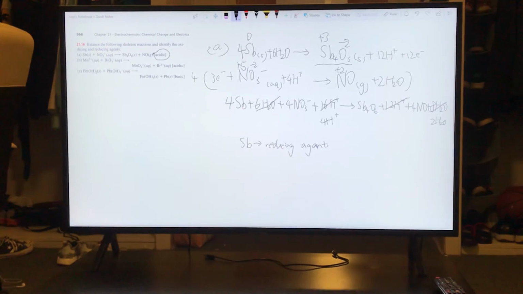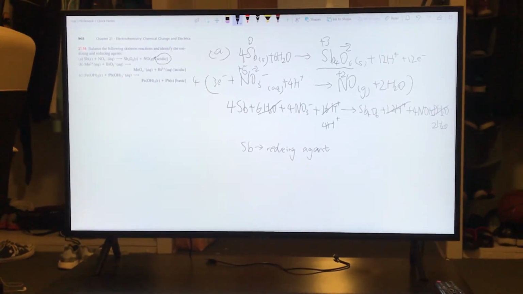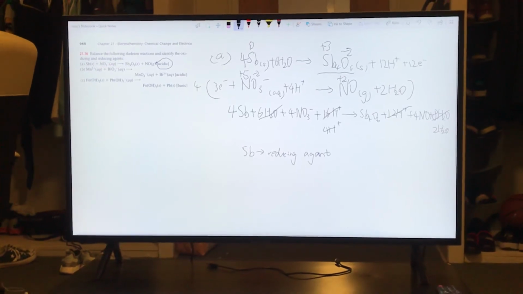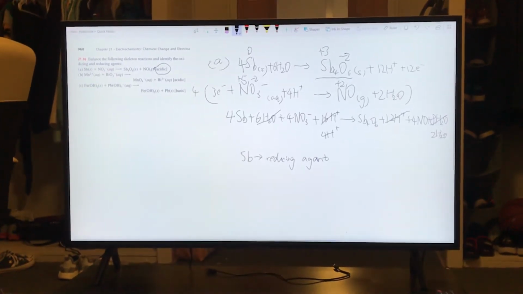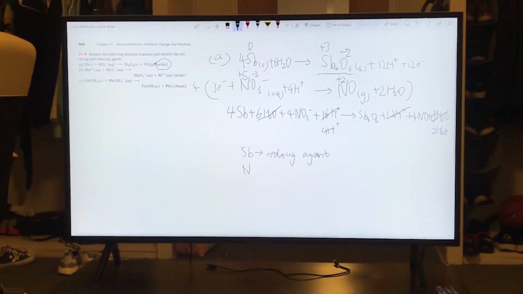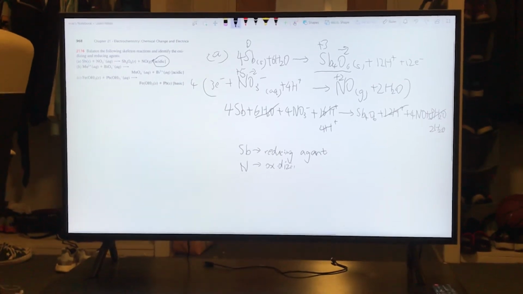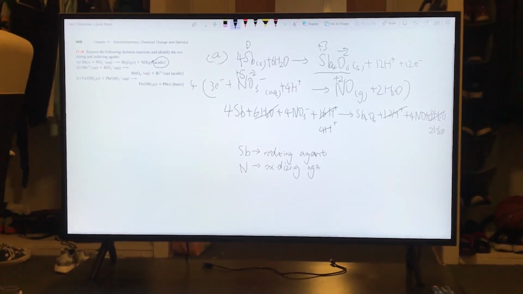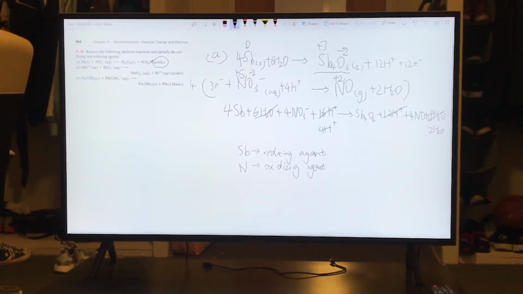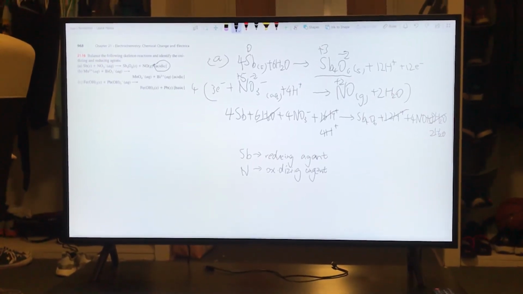The oxidation number of N goes from +5 to +2, which is decreasing. So N is being reduced. Something that is being reduced is an oxidizing agent. And this is the answer to part A of this problem.